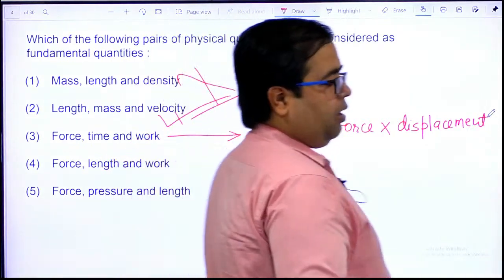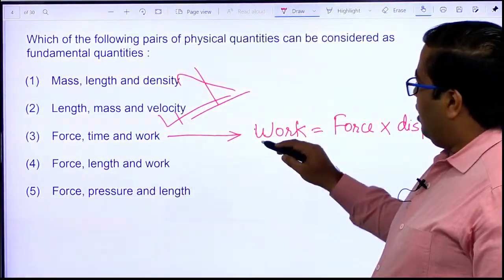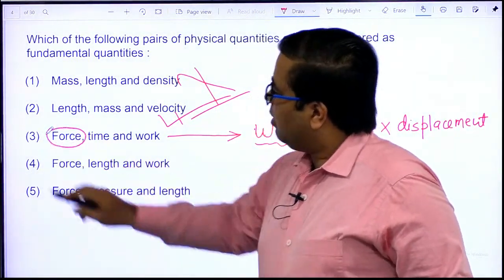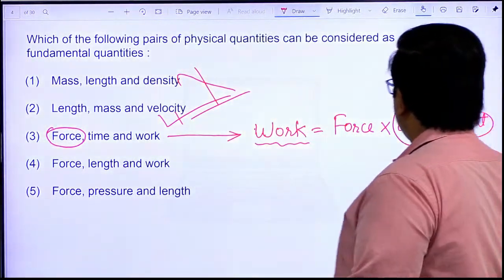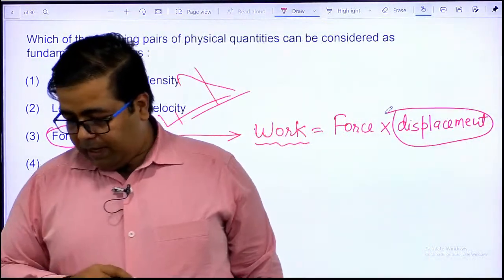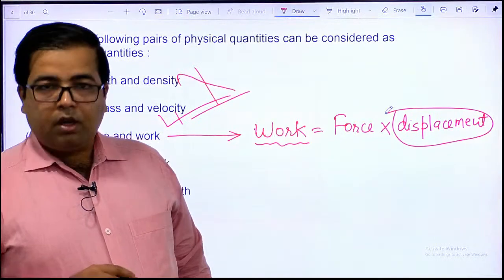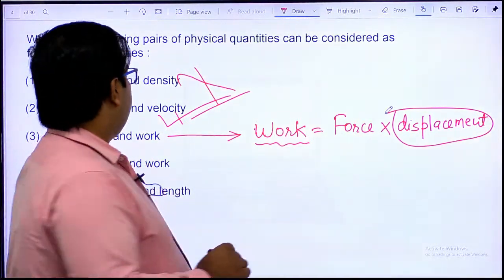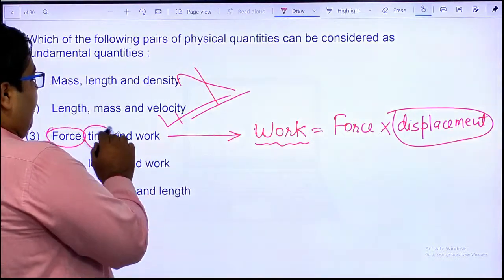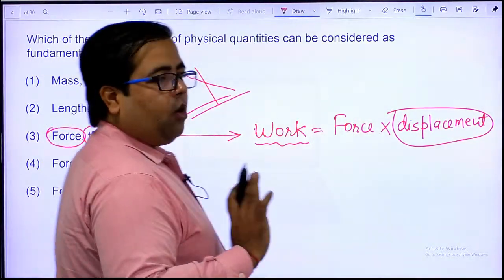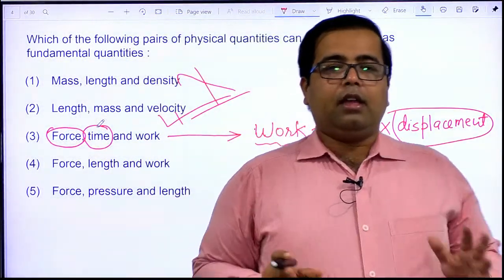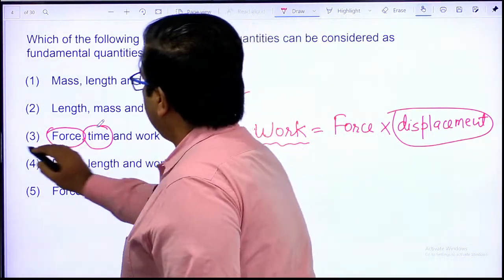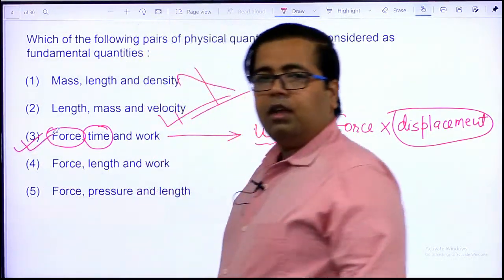Now to derive work we need force, so you have force here, and the second term is displacement. Do we have displacement here? We don't have displacement, we have time. That means they are not dependent on each other, they are independent. That means this set can be taken as fundamental.